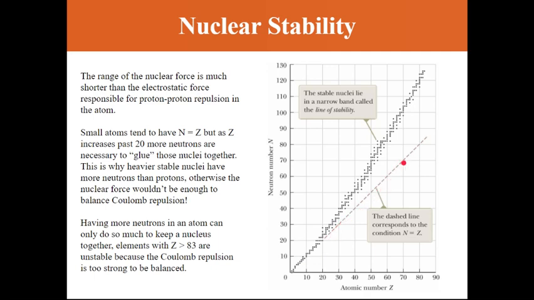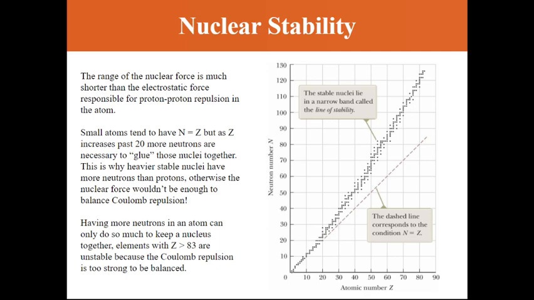And this line here shows you where the number of protons will equal the number of neutrons. But as you can see, as you go up in atomic number, most elements end up having more neutrons than protons. Basically, to compensate for the increasing effect of Coulomb repulsion, more neutrons need to be added to keep the element stable.